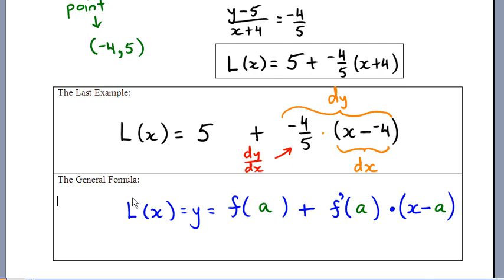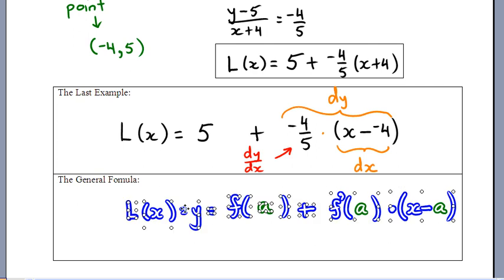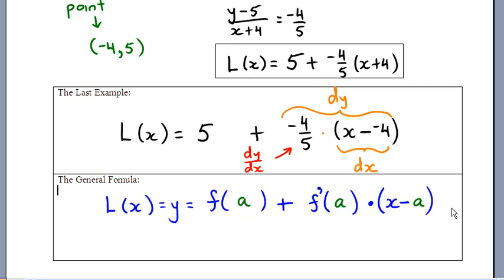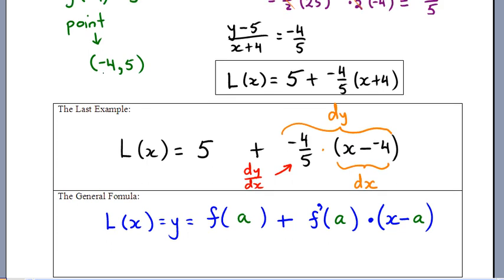Okay, I'm just going to move that just a little bit, center things up here a bit. So that's, if you want a general formula for figuring out the equation for the linearization. And this a that we're talking about is just some really convenient x value. In the example up above, it was negative 4. Negative 3 is maybe not as convenient. Negative 6 might not be as convenient for trying to do numbers in your head. But that negative 4 was quite nice.